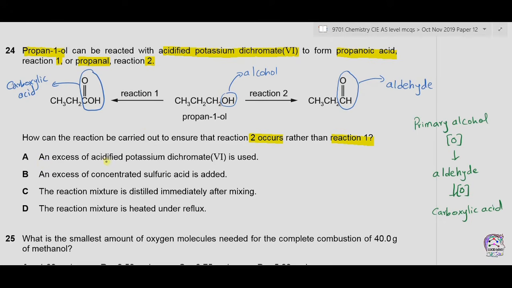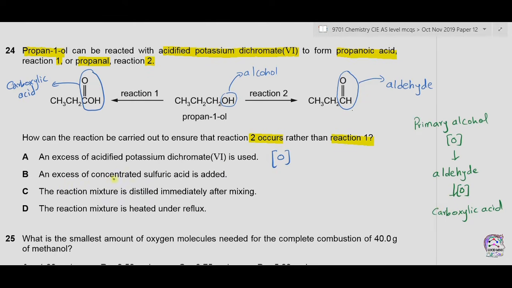A. An excess of acidified potassium dichromate(VI) is used. As it is an oxidizing agent, it will oxidize the alcohol to aldehyde and the aldehyde to carboxylic acid. In the question it says, how can we ensure that only reaction 2 occurs rather than reaction 1? So we have to stop the oxidation at the aldehyde and further oxidation should not occur.